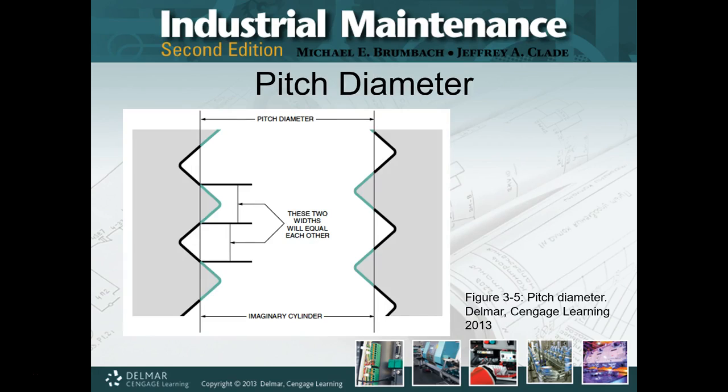So here's the pitch diameter. If you were to take an invisible imaginary cylinder and slide it down, in this case the nut, where that diameter cuts our face equally in half, that would be the pitch diameter.